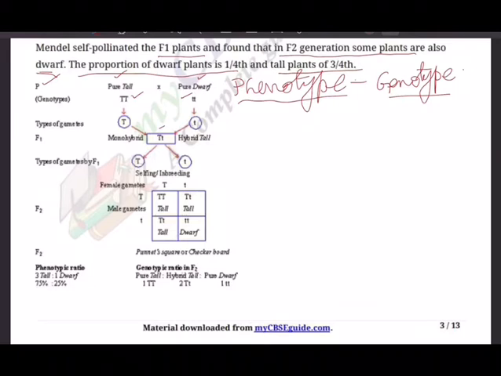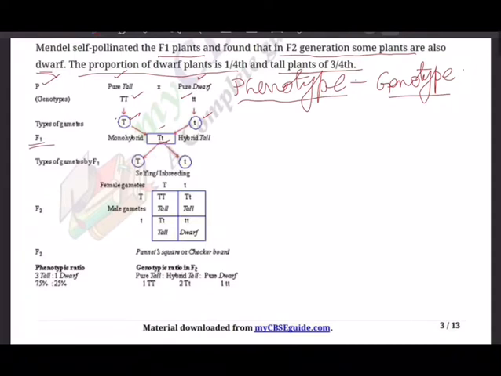So a pair of genes. And when meiosis takes place, what happens? When gamete formation takes place, out of the pair of genes, one gene will be incorporated. So out of capital T, one capital T, and the small t, one small t. So the combination of both capital T and small t in the F1 generation results in the formation of genotype capital T, small t.